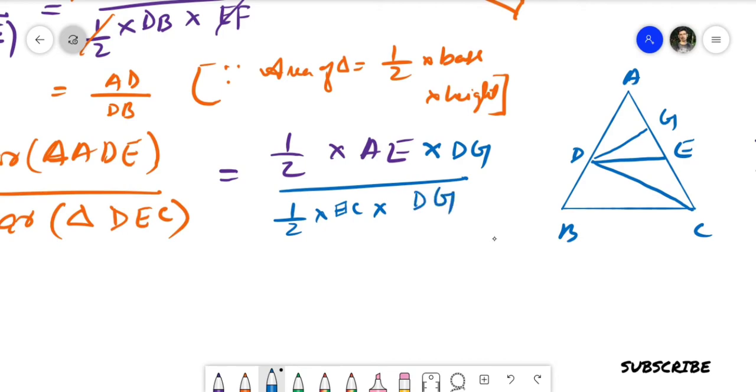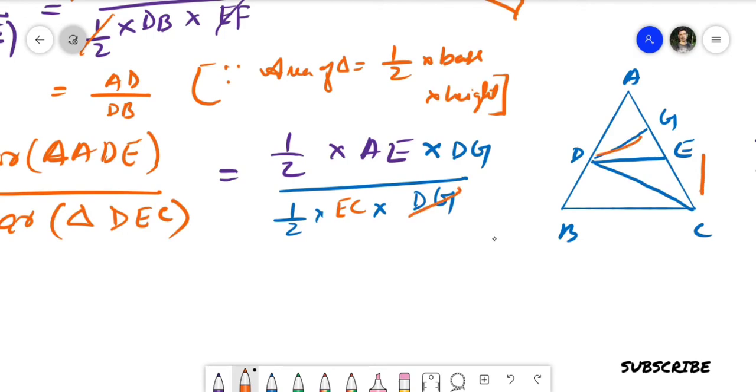This is EC, this one is the base and this one is your height.